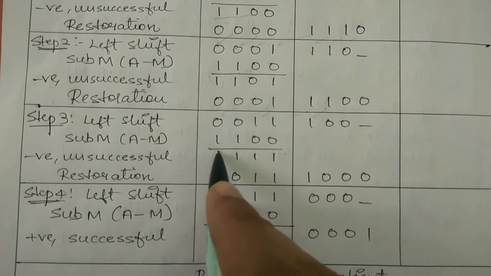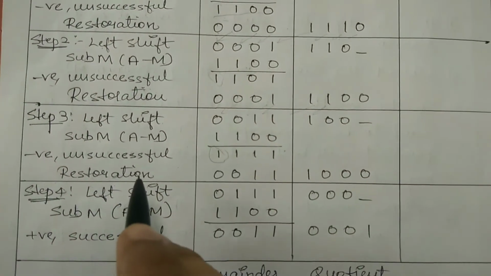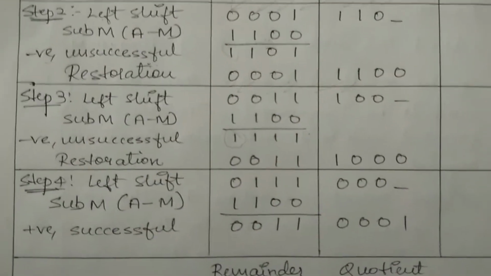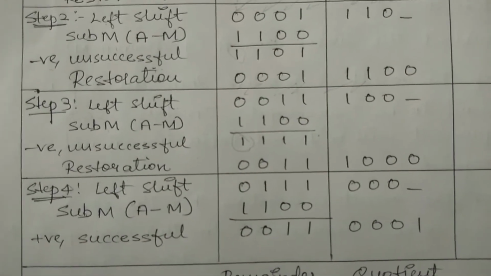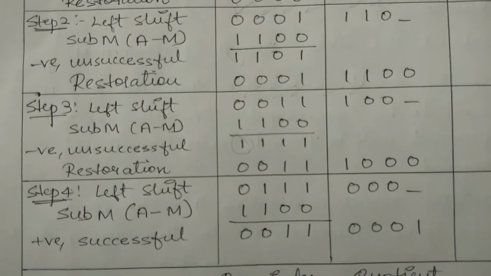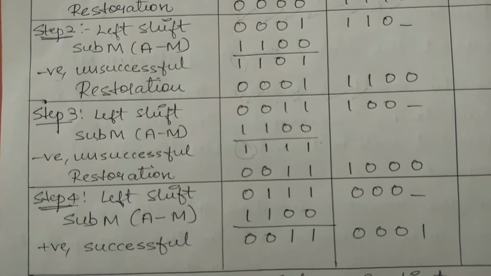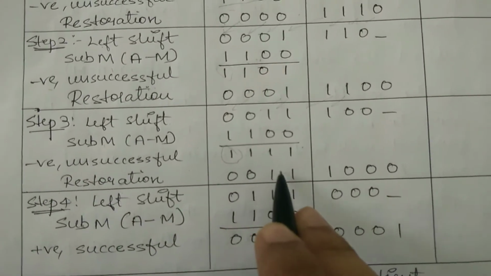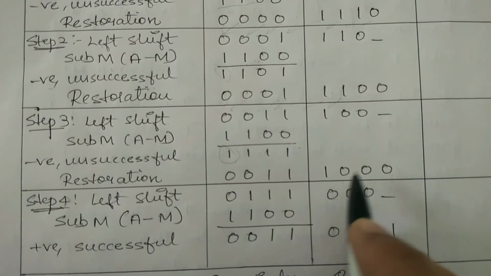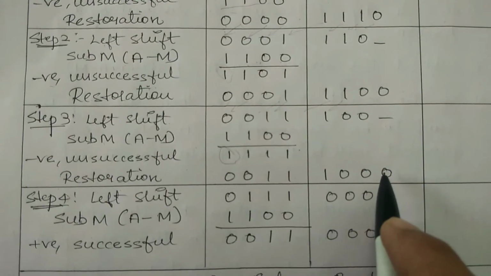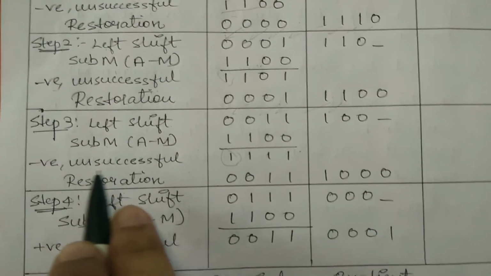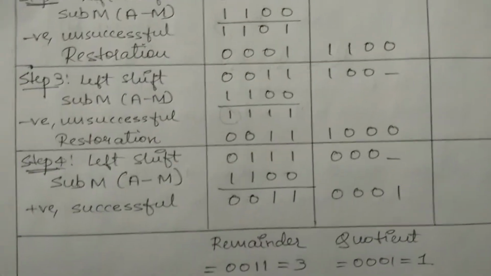Since again we got this as 1, the number we got is negative, and we need to restore the previous number again. So after restoration we will get the number 0 0 1 1, and the quotient will keep the empty bit as 0, since we got the unsuccessful event.